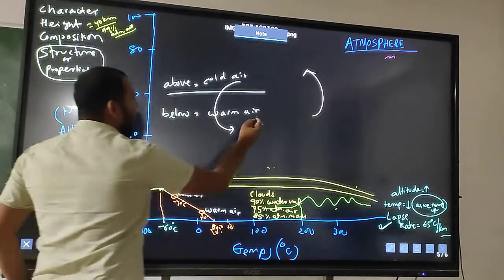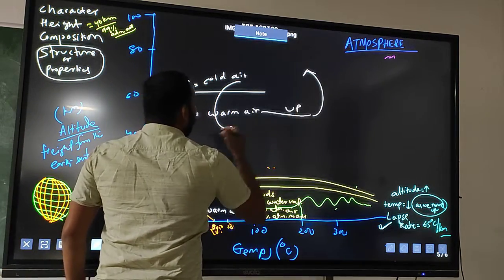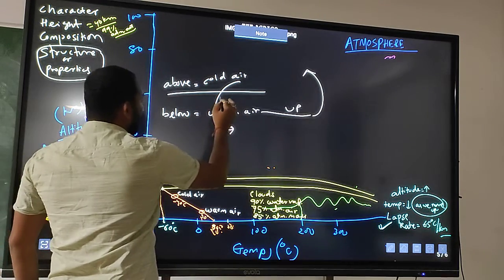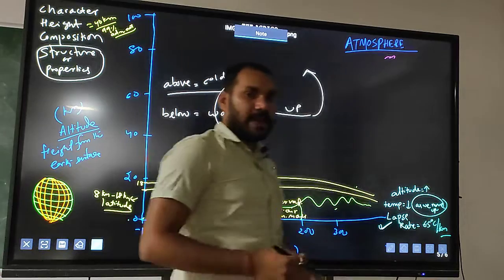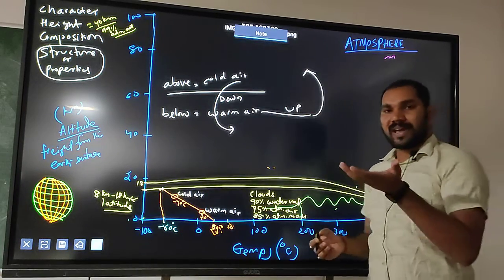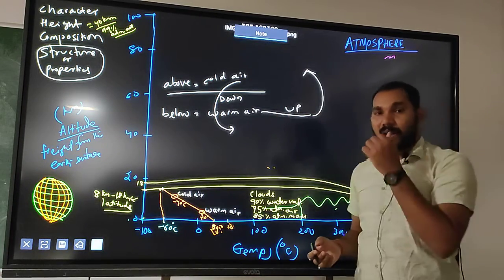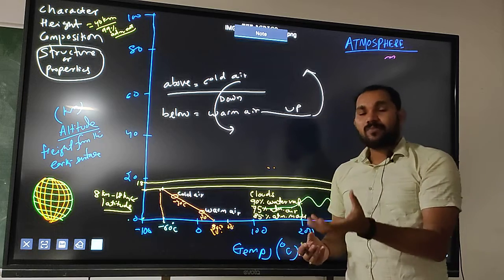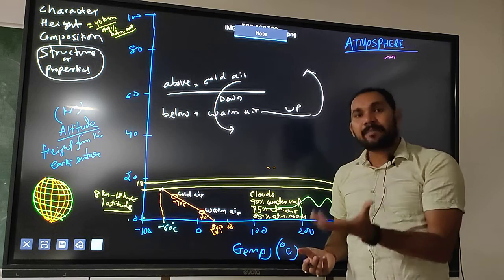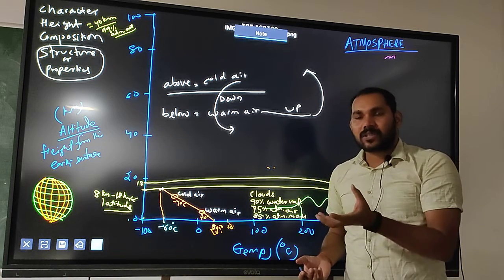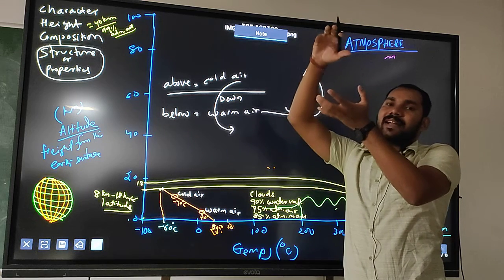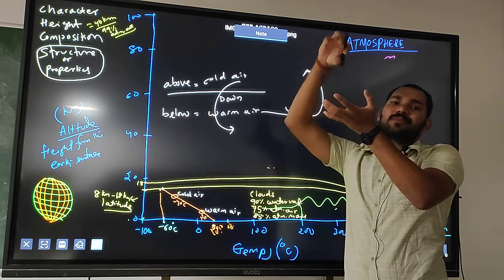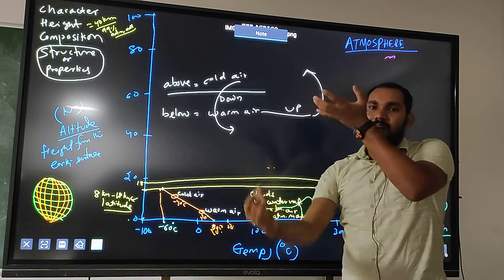This is the basic concept. As we know, if the temperature of the air increases, the density will decrease. So the warm air will slowly move upward. And the cold air present above has more density, so it will move downward.